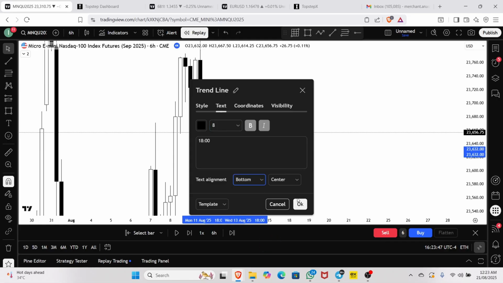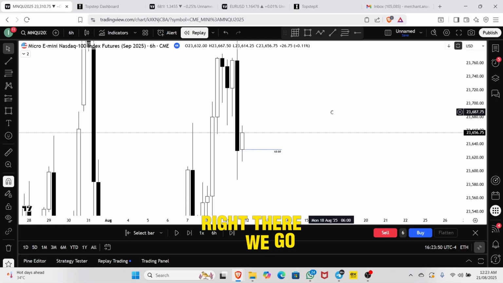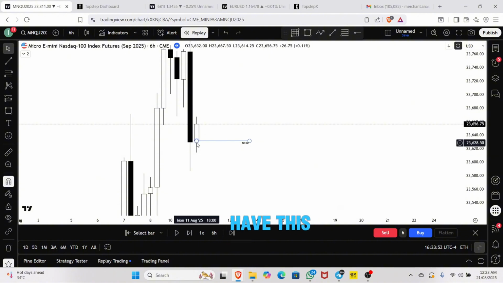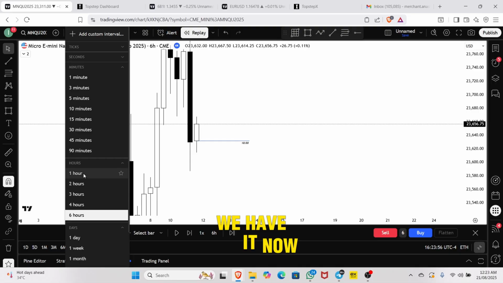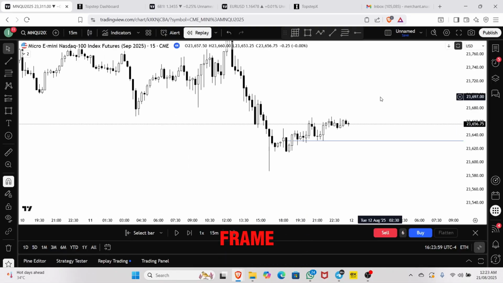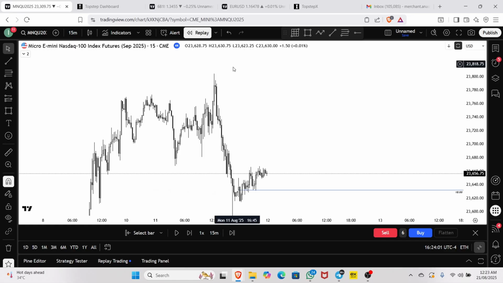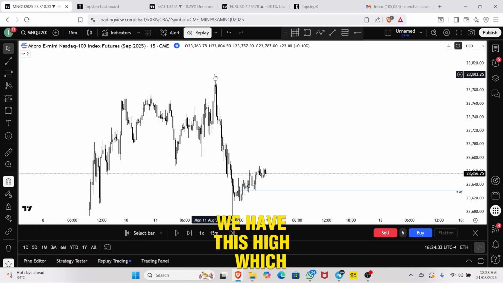So there we go, we have this reference point for ourselves. Now if I go on a 15-minute time frame, we have this high which is intact.